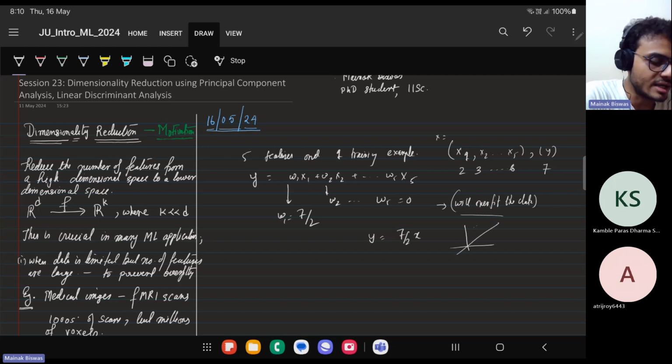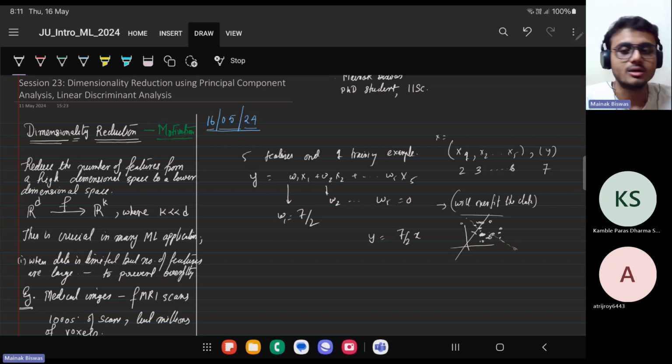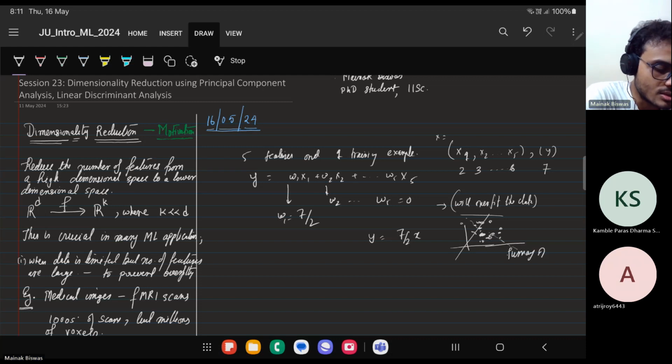But in reality, your data may be like this. Let me draw this data a little differently, maybe like this. And this one point determined everything for you. Let us draw with only x1.